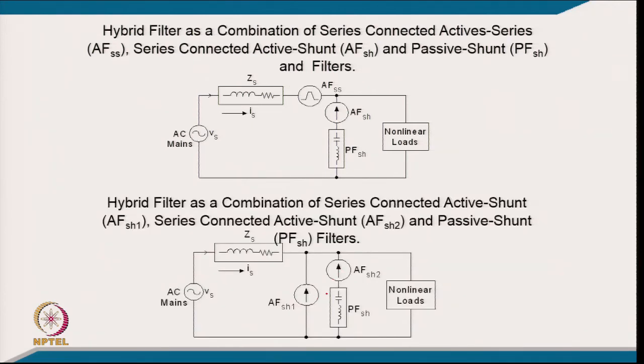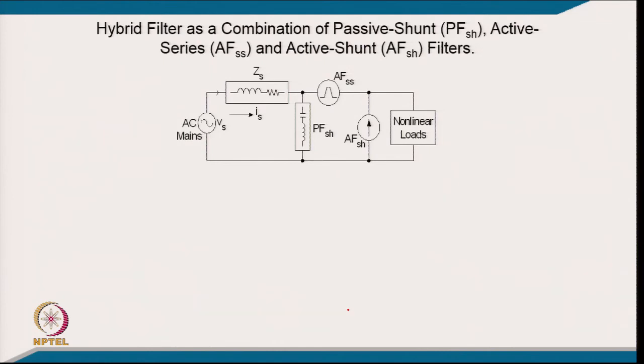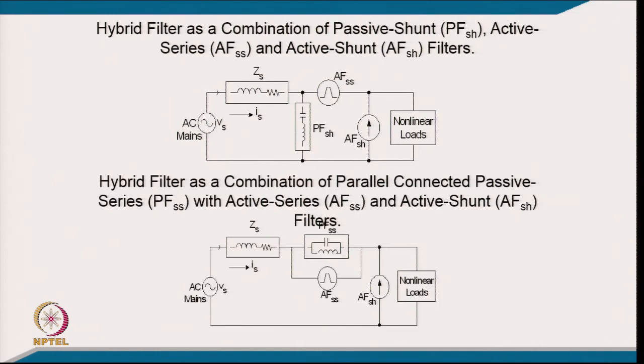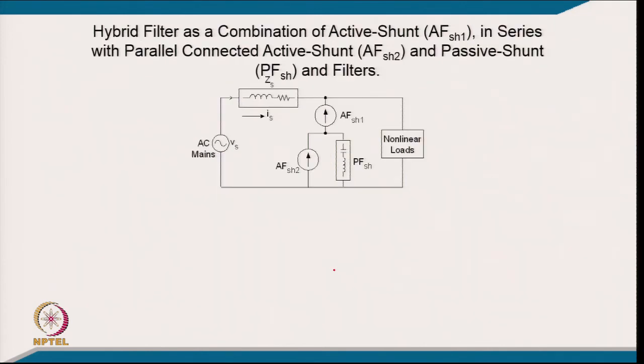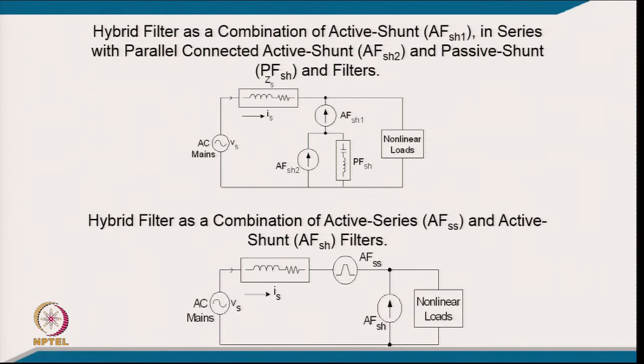Or two shunt with the passive major shunt, or a passive shunt here, and the two active shunt and series. This is the active shunt with the current source, and this is the voltage source in parallel to passive, or two active with this configuration to reduce the rating of the passive active filter.